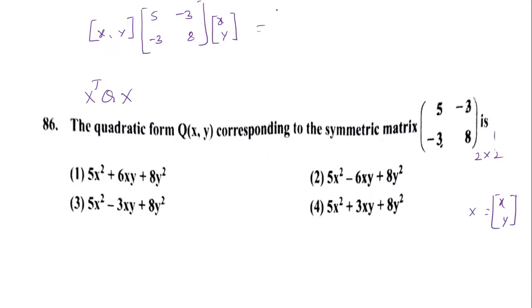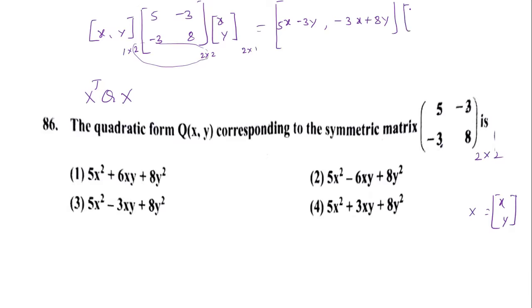Put this as it is. This is 1 by 2, 2 by 2, and this is 2 by 1. First solve this, we get 1 by 2: 5x minus 3y comma minus 3x plus 8y.